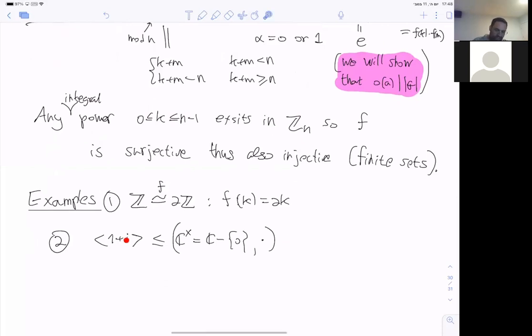You take this complex number and you take powers of it. You get a cyclic group, of course.